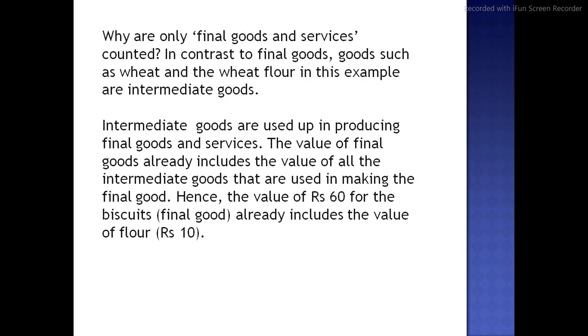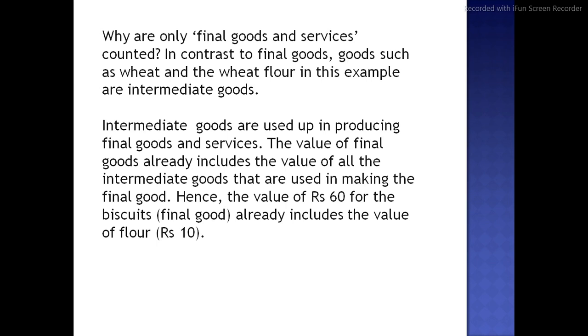Why are only the final goods and services counted? In contrast to the final goods and services, take the other example: goods such as wheat and wheat flour in this example are the intermediate goods. If we add these intermediate goods, we are going to have double counting.